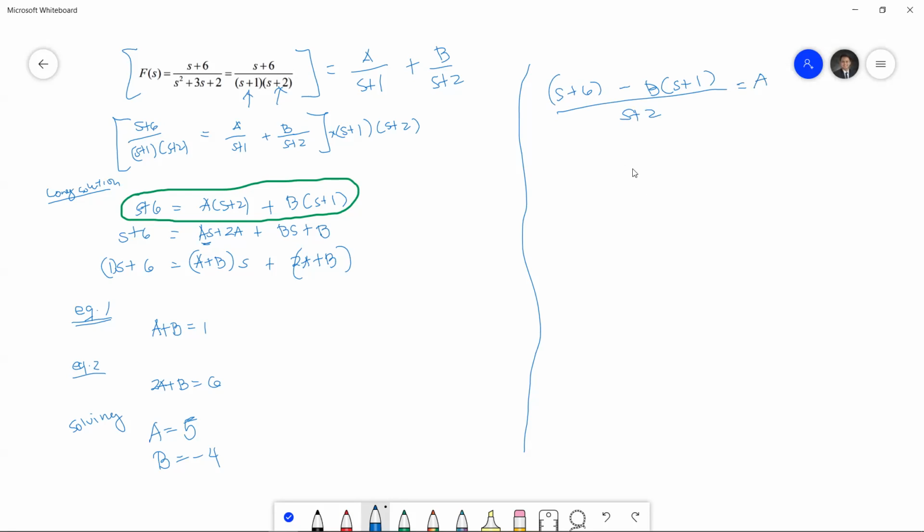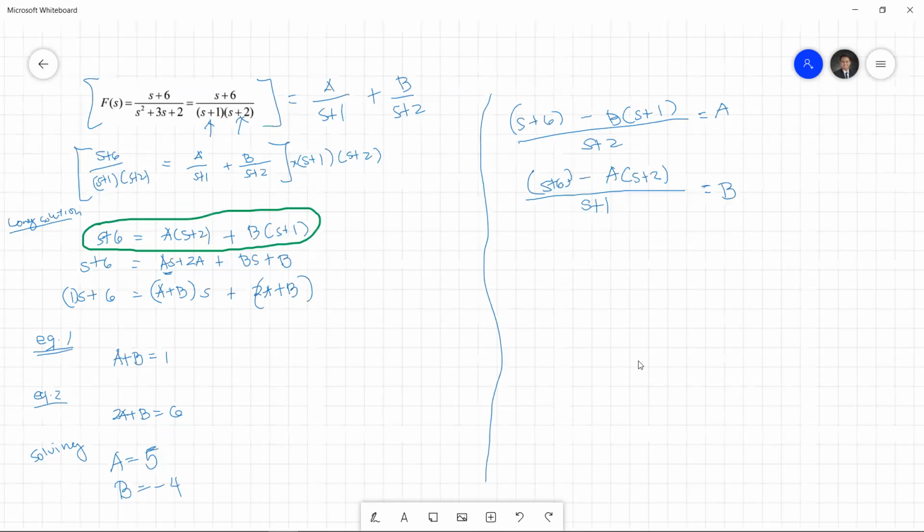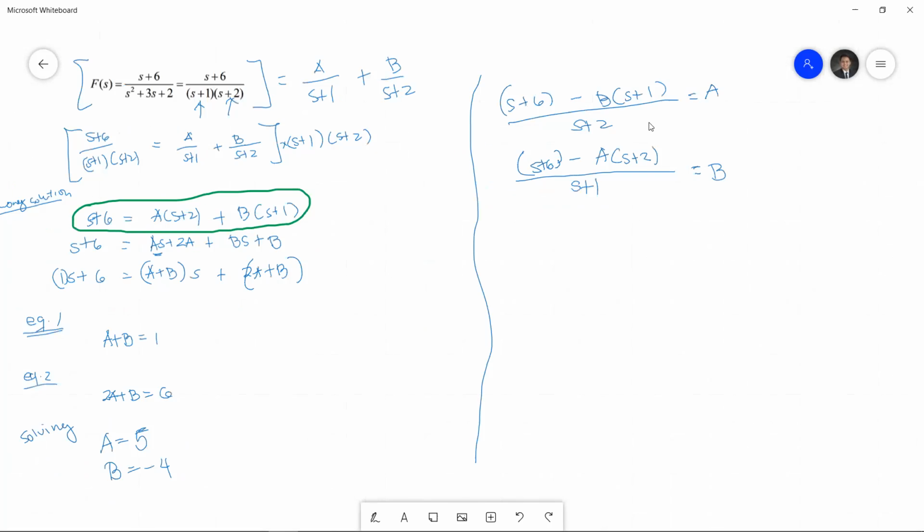Okay? And for the value of B, that is equivalent to S plus 6 minus A (S plus 2) over S plus 1. Okay? So, yan yung solution.